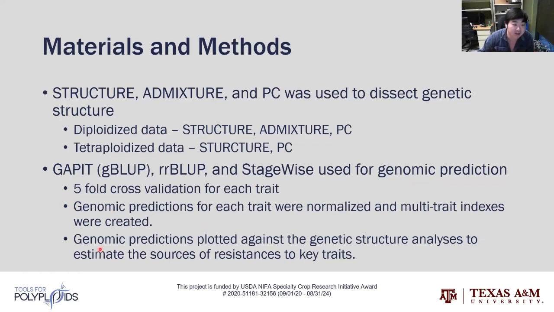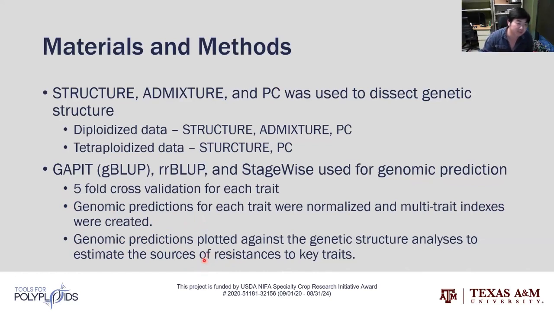And then we did an interesting thing that we'll show later on: the genomic predictions were then plotted against the genetic structure analyses to try to see where our sources of resistance were coming from, and where we were getting a lot of these key traits.